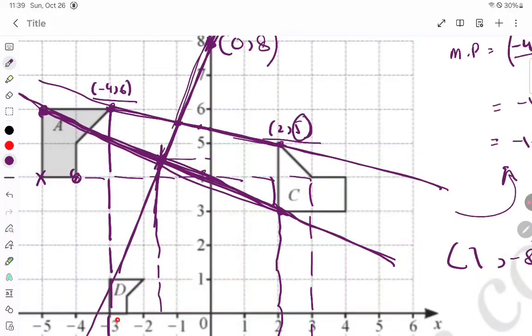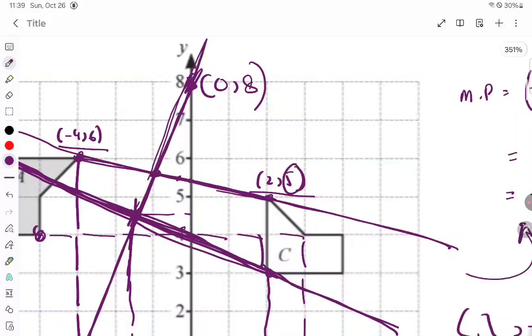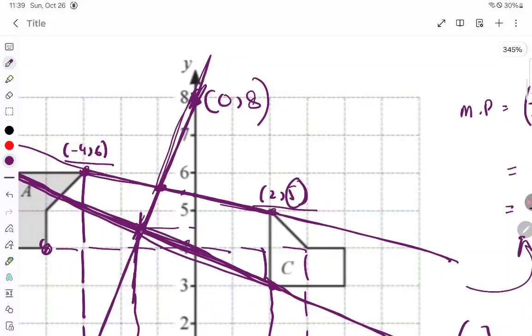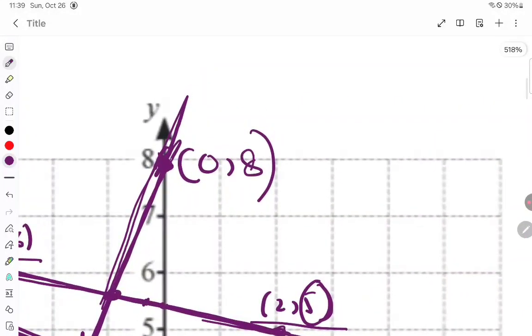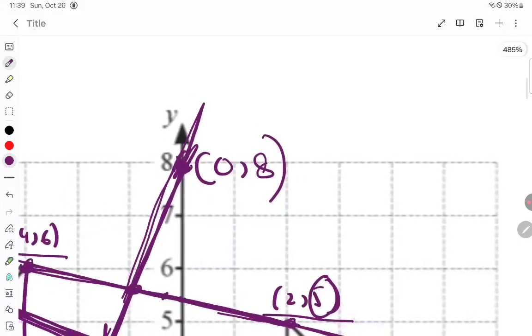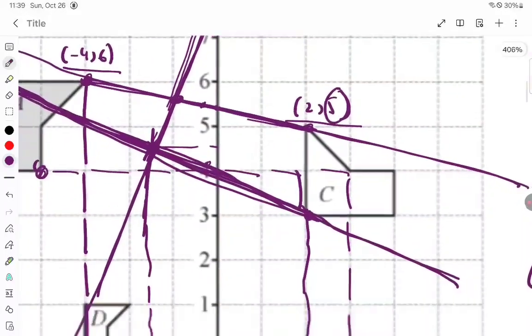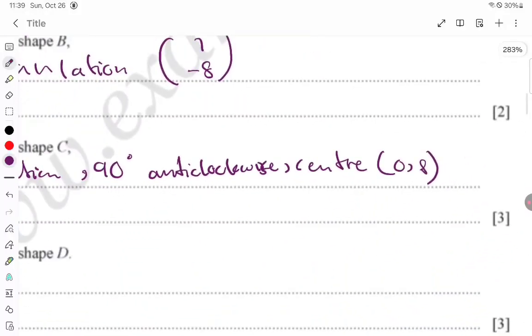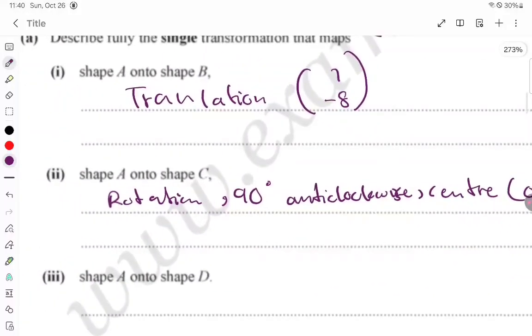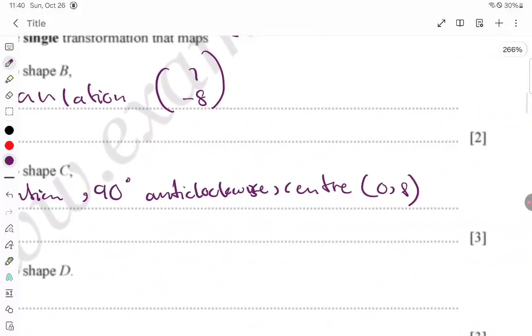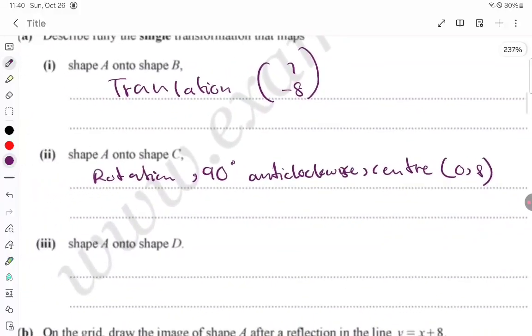Mark a point, and for this one we calculate the second middle point, make a 90-degree line, and where both cross each other, mark this point, this point will become our center point, which is the rotation 90-degree anti-clockwise with the center 0, 8.